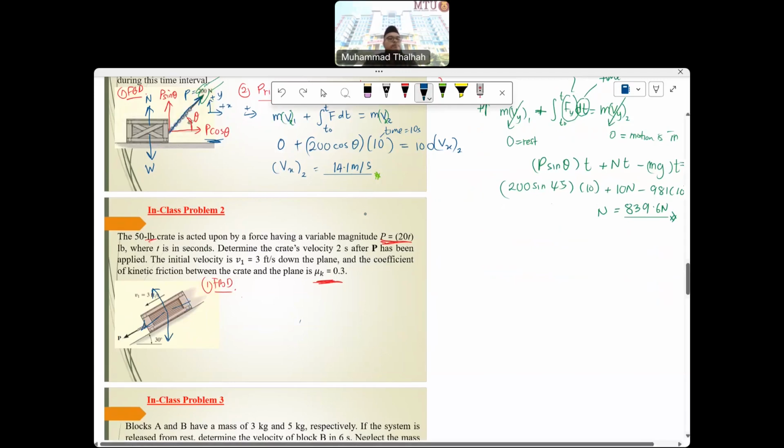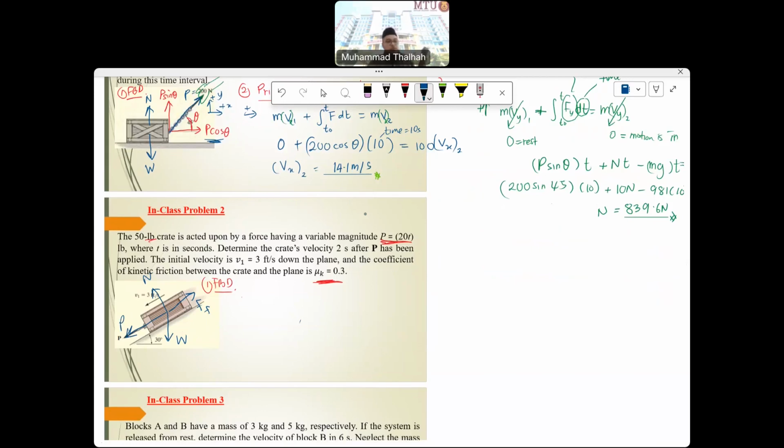B, right? Going up. So we have friction, and then we have a constant force P. So frictional force F sub F, weight, normal, and P. So P is a function of time. We take note on that.